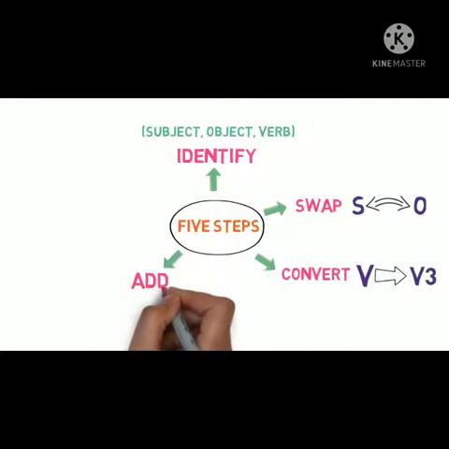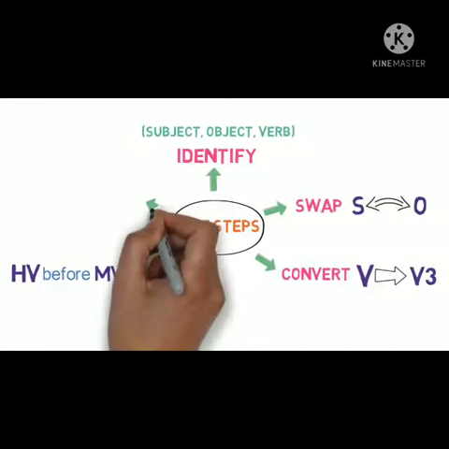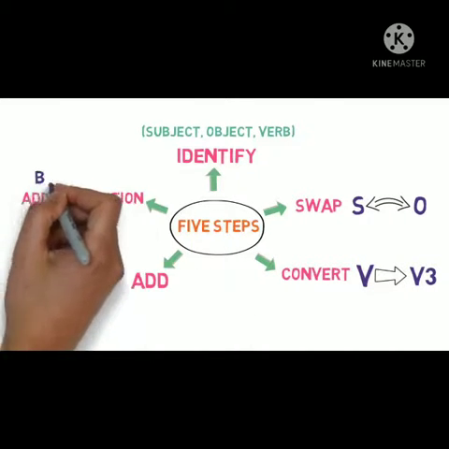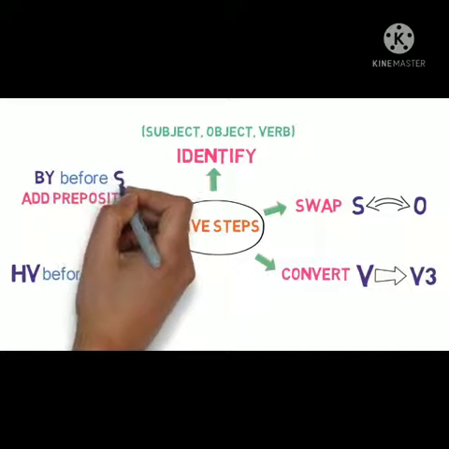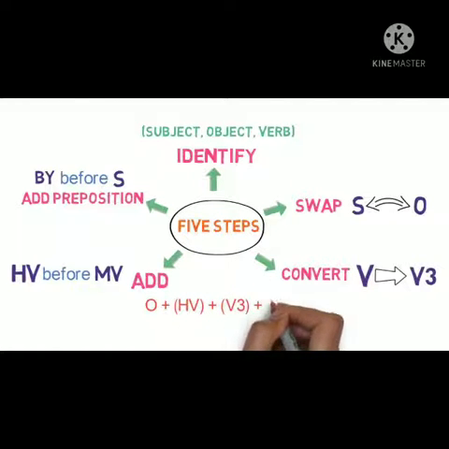Fourth, add a proper helping verb of to be before main verb. And fifth, add preposition by before the subject. So at the end, the sentence structure of passive voice is object plus helping verb plus verb's third form plus by and then subject. These are the simple 5 steps which we need to follow.